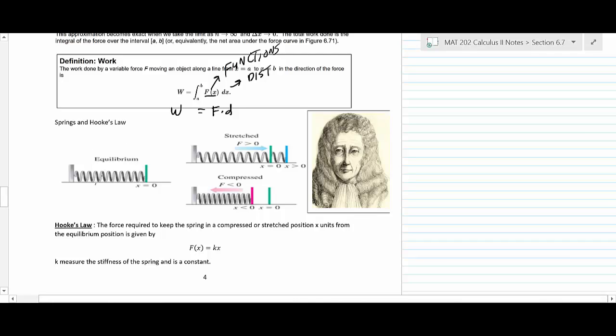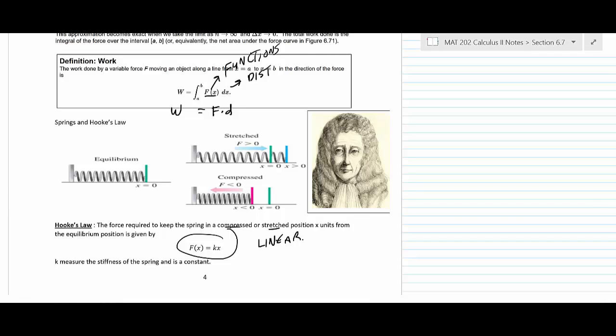Basically, if you have a spring, Hooke's law says the force required to keep the spring compressed or stretched is given by this formula. It takes a certain force to compress and a certain force to stretch, and it's a linear function, where k is just some sort of constant.